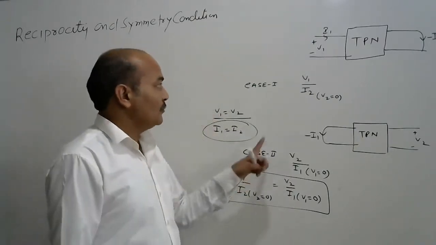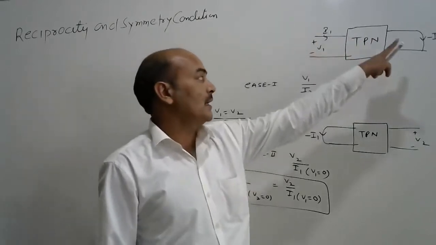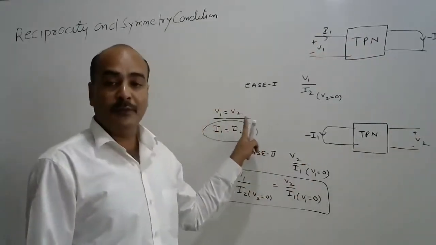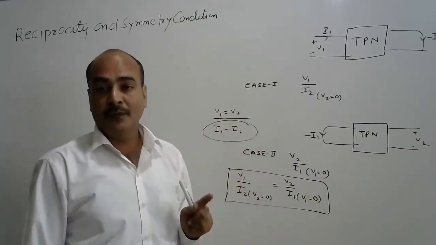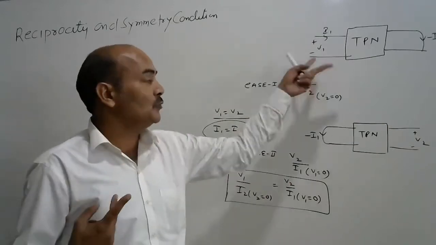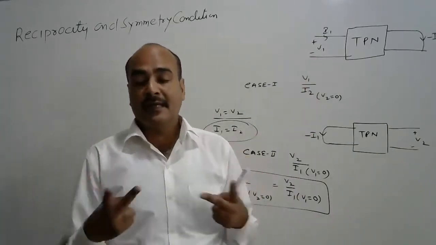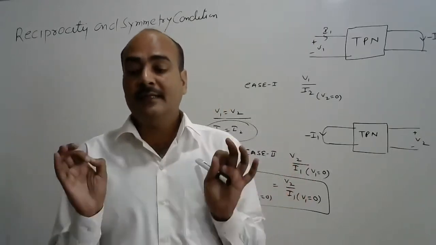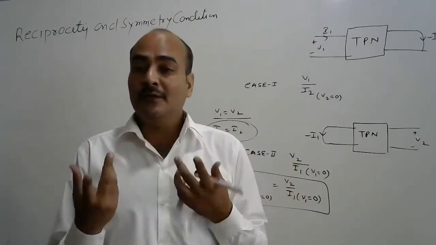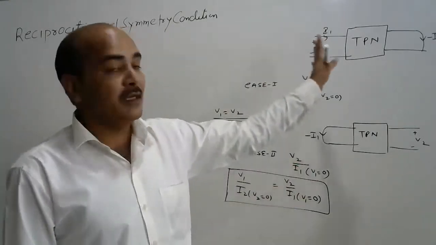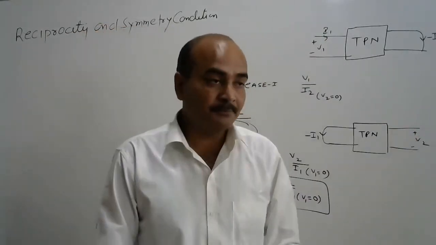So if this is V1, this is I2, and this is V2, then I1, then V1 equal to V2 gives I1 equal to I2. So you can choose any port, because there are two ports. If the network is reciprocal, you can choose any port as the input port and any port as the output port. So this is the condition of reciprocity.